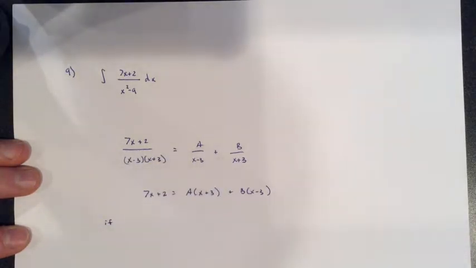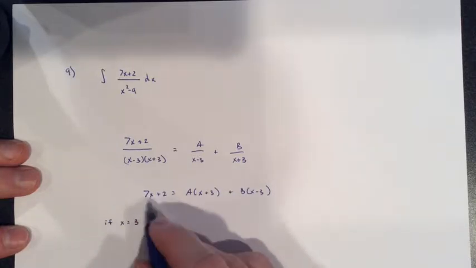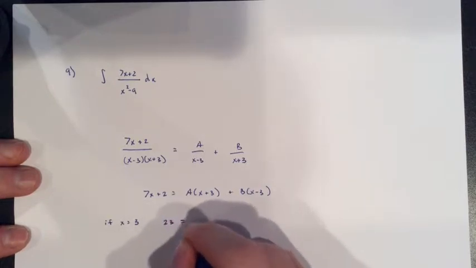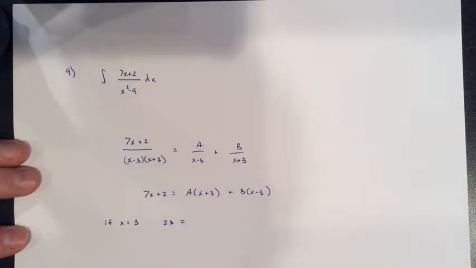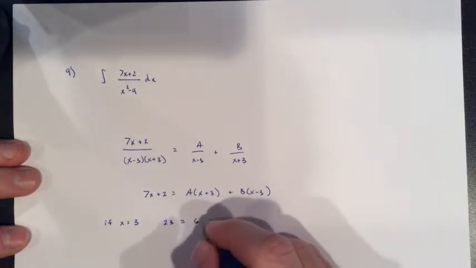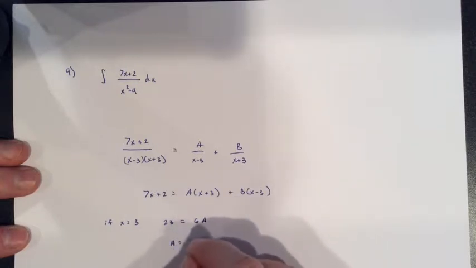So why not just pick the easiest x values? What if x was 3? If x was 3, this would make this, what, 21 plus 2 is 23. It would make that 0, and it'd make that 6a. And so a is equal to 23 over 6.